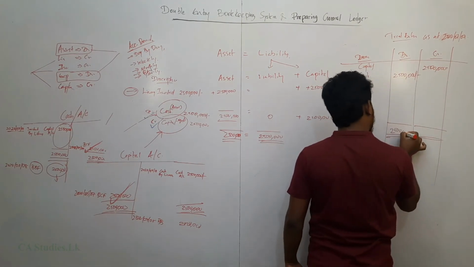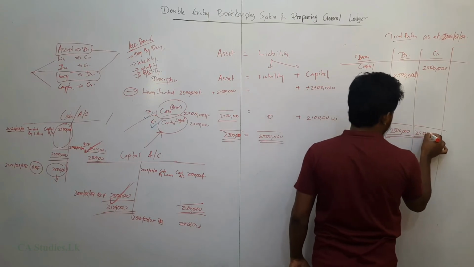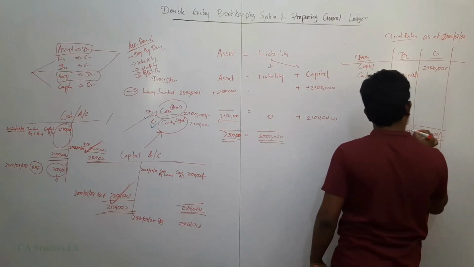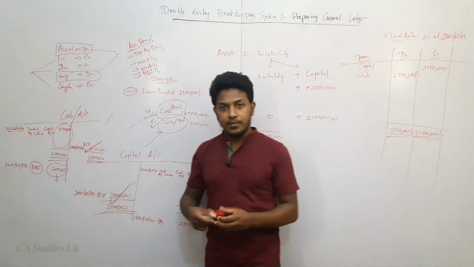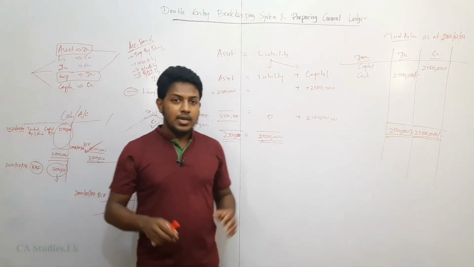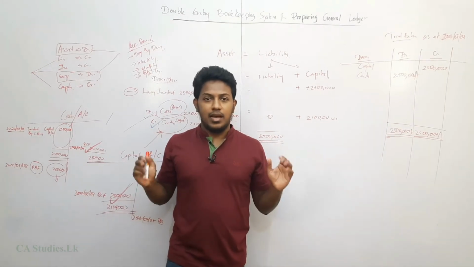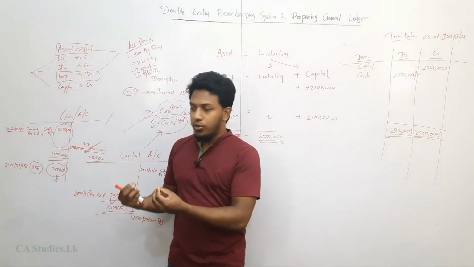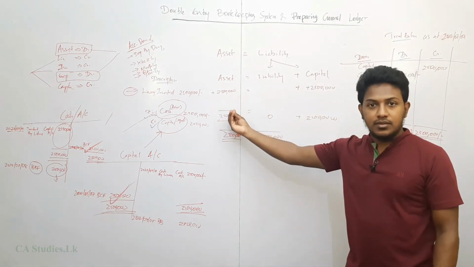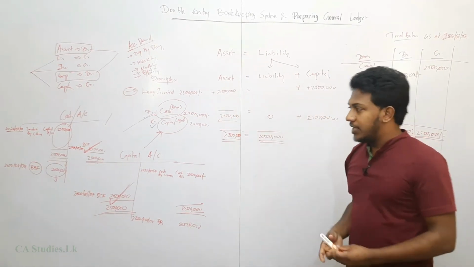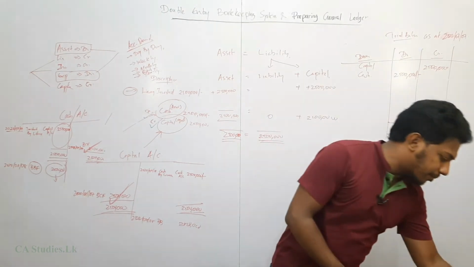If the trial balance is not equal, there is an error in the double entry or an error in the arithmetic calculations. This is just an example to show how to prepare the double entry, and how to identify the transaction first. I will give the steps.